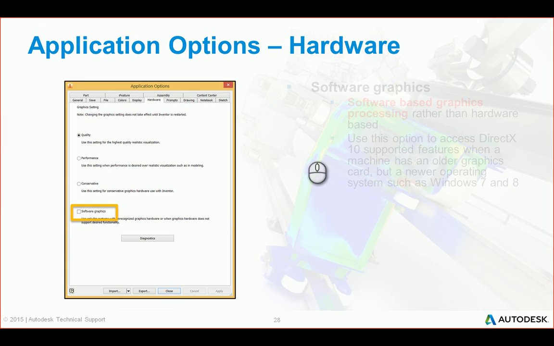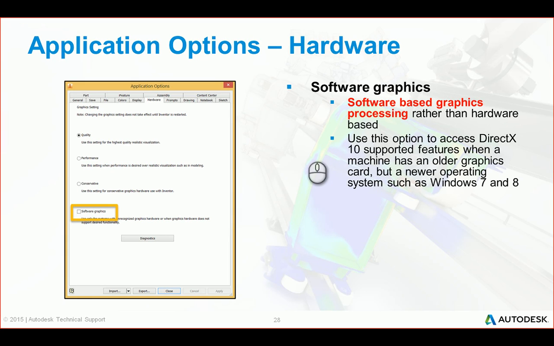And we have software graphics. This is used if the machine is crashing a lot. Set it to this. This will tell us if it then stabilizes, because what it does is we're not using any of the hardware graphics drivers. We're doing everything in software.